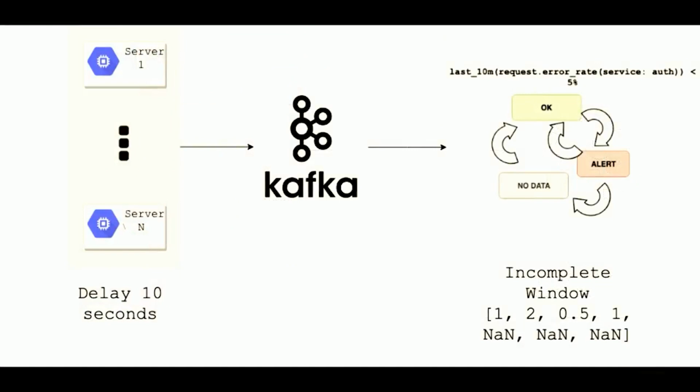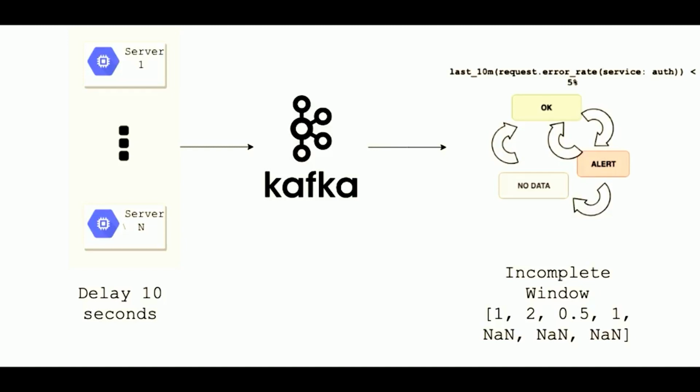As a result, we end up having an incomplete window of data. Even though we might have data for the first few minutes of the last 10-minute window, the NaNs represent the fact that we don't have data for any of the recent time periods that we were evaluating these windows for.